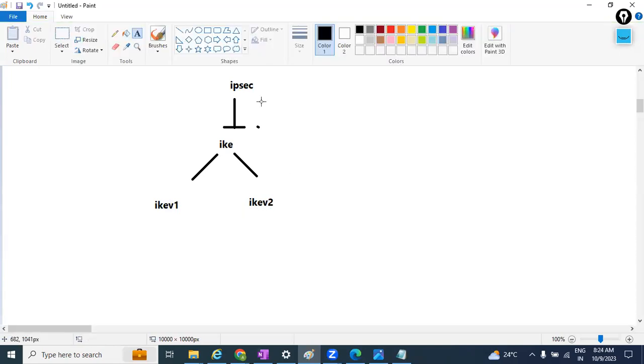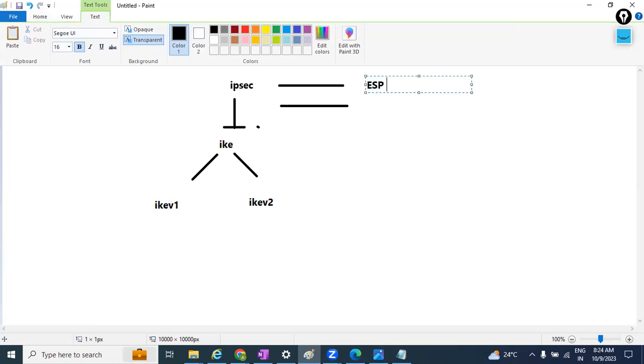Along with that, we have 2 more protocols: one is ESP and the second is AH. ESP would provide 2 things, encryption plus hashing. It will provide 2 concepts: one is encryption and the second is hashing. And the Authentication Header, AH, would provide only hashing.